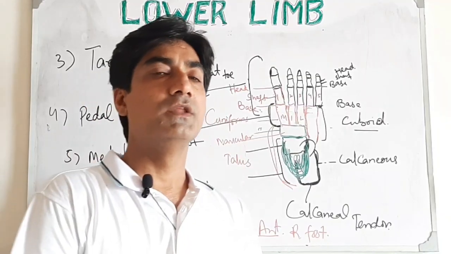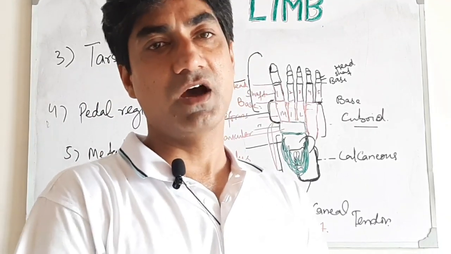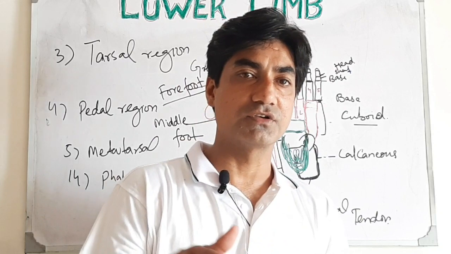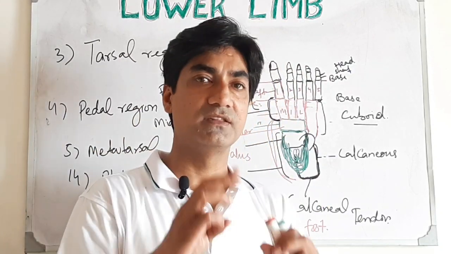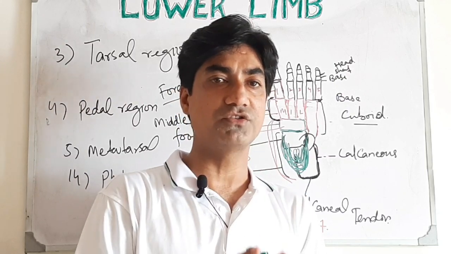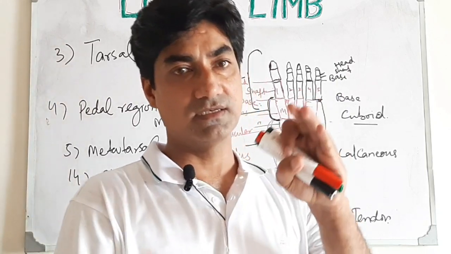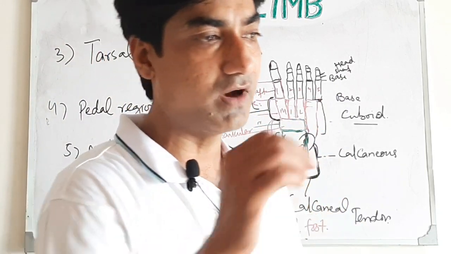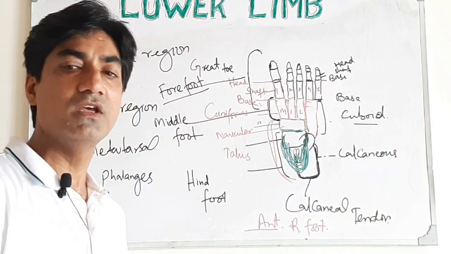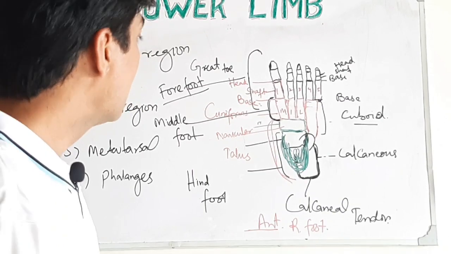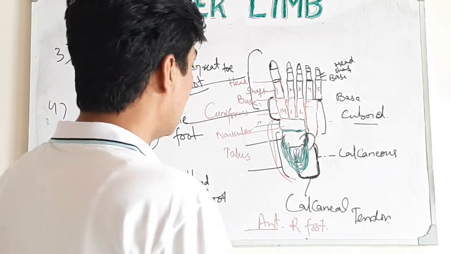The sole of the foot does not normally rest on the flat ground, but it has three springy arches that absorb the stress while walking and running. So what are the three arches that are produced normally in the sole of the foot?